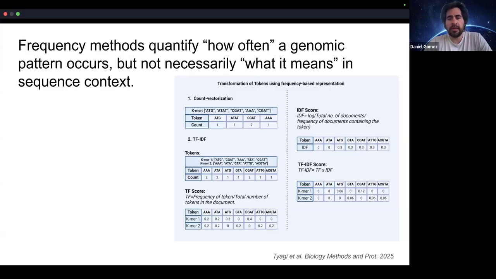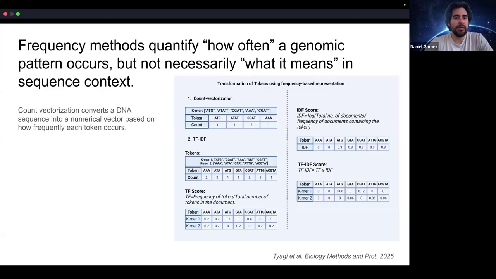The IDF score is computed through a log function of the total number of documents over the number of documents containing a token. The TF-IDF score is a matrix, the multiplication of the TF and IDF.